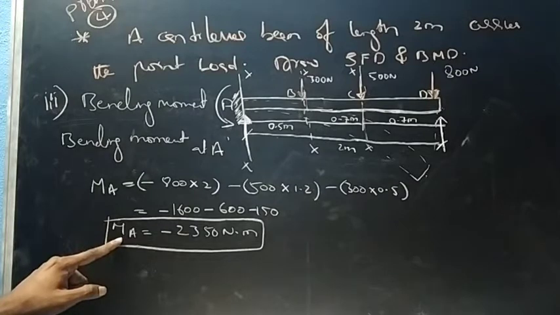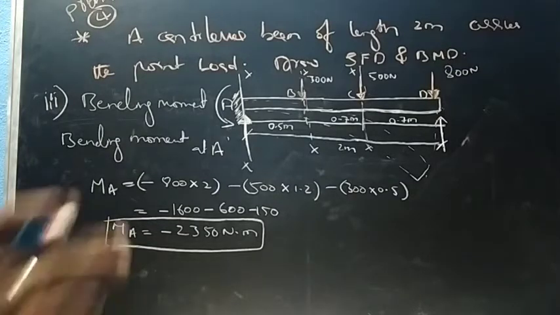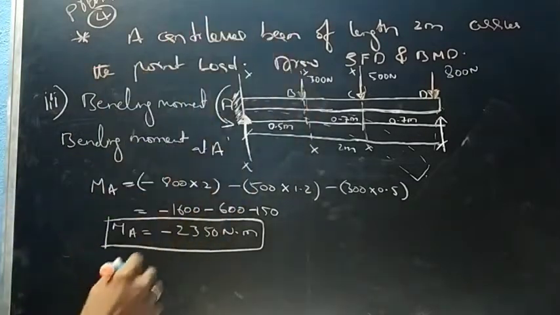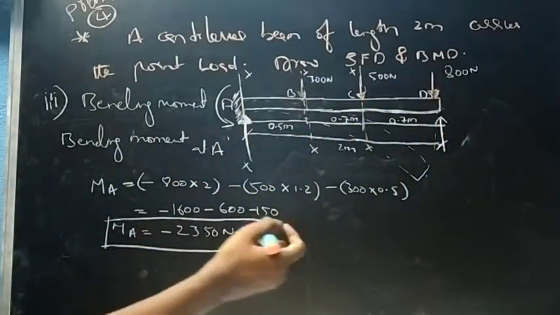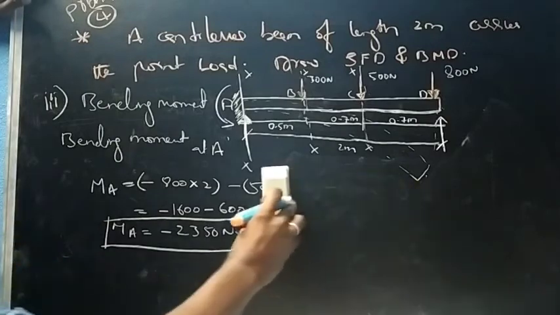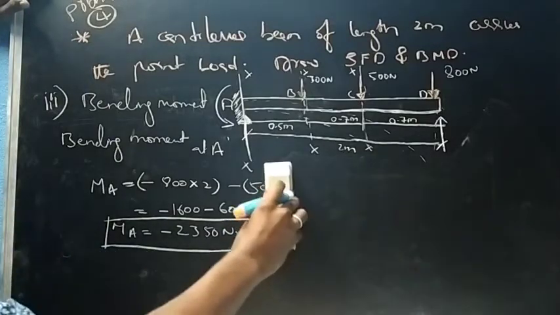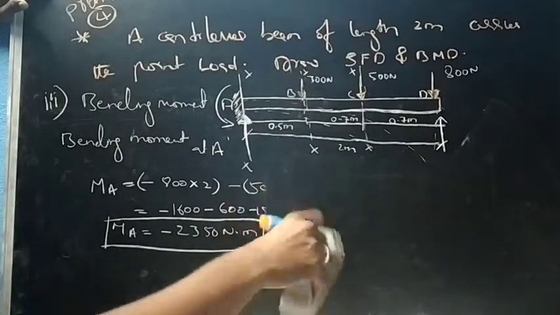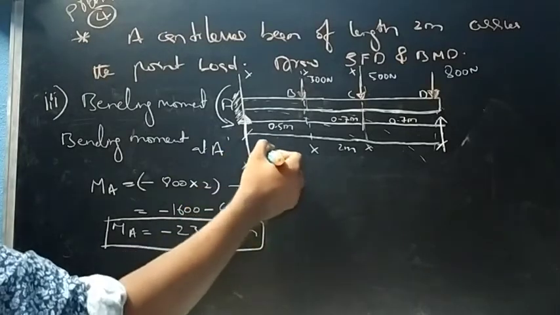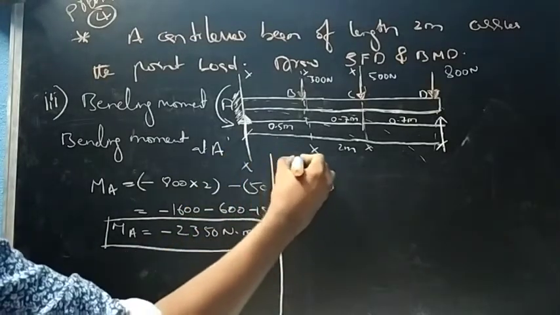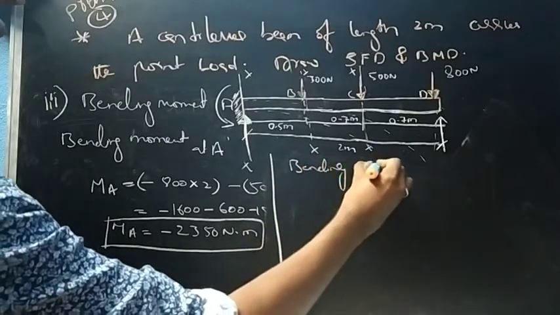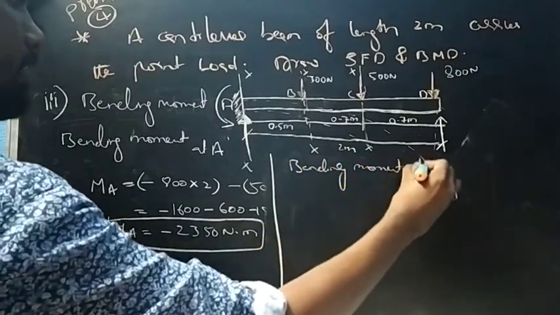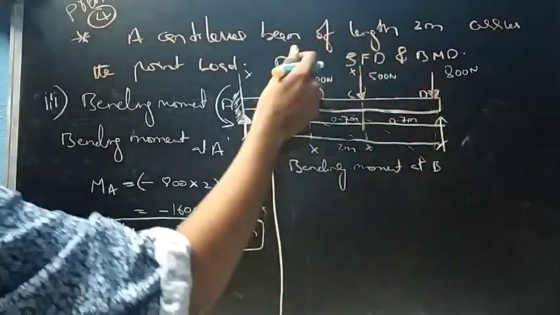So now we'll find out bending moment at B. Here at free end it will be 0, right? So I will write here bending moment at B here.